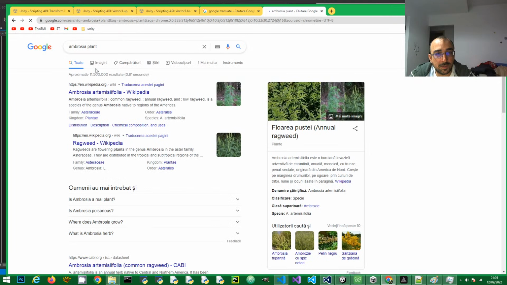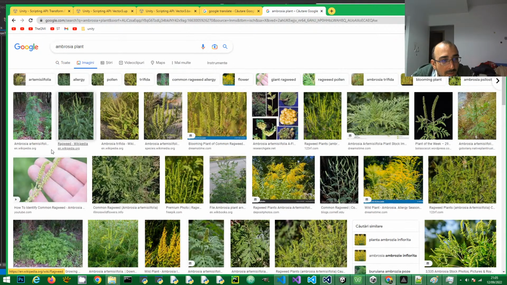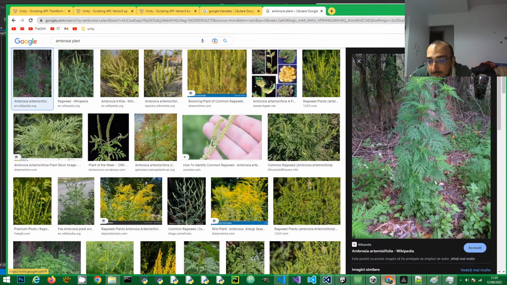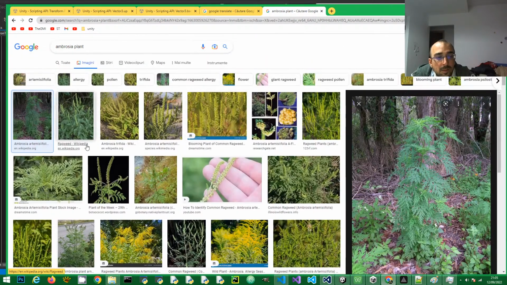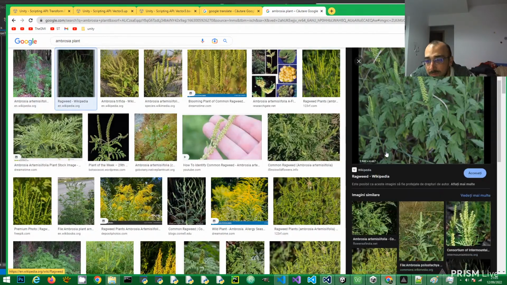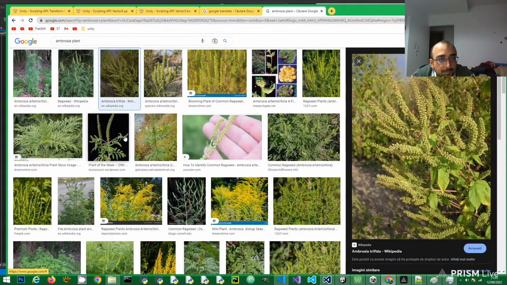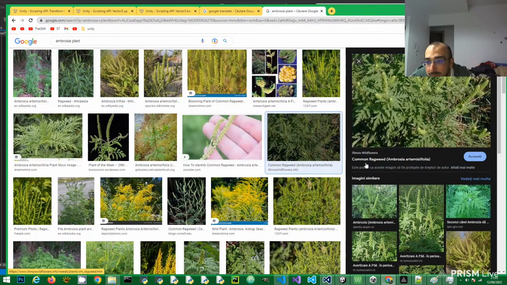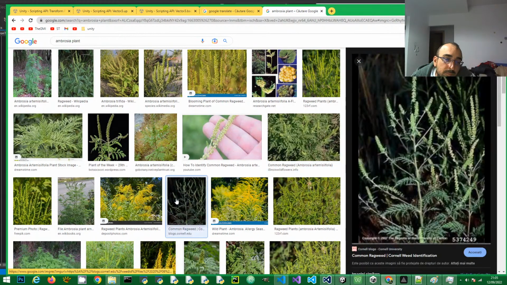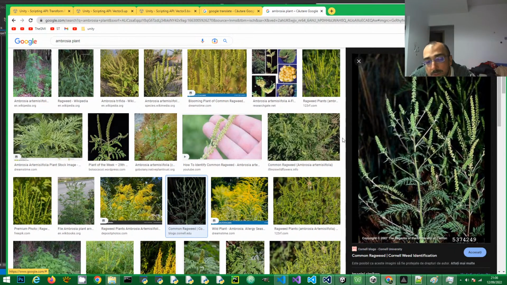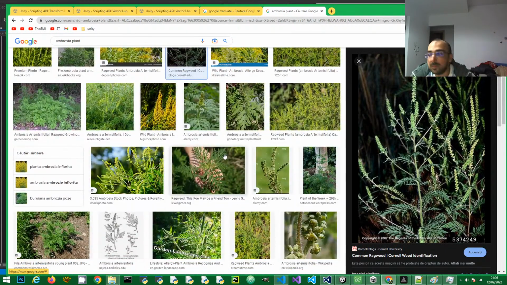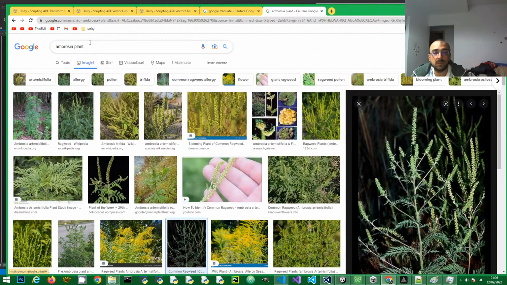This has been killing me the last few years. Ambrosia artemisifolia. Look at this plant. It's causing havoc around the world. Ragweed. Ambrosia trifida. Ambrosia artemisifolia. Common ragweed identification. Allergy. Oh my god.